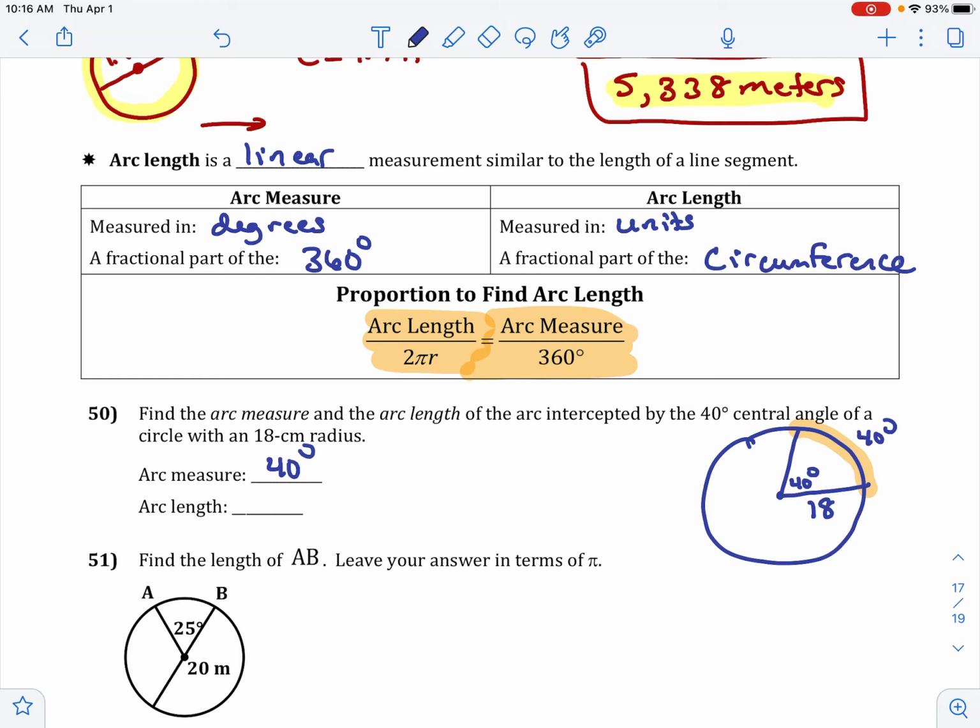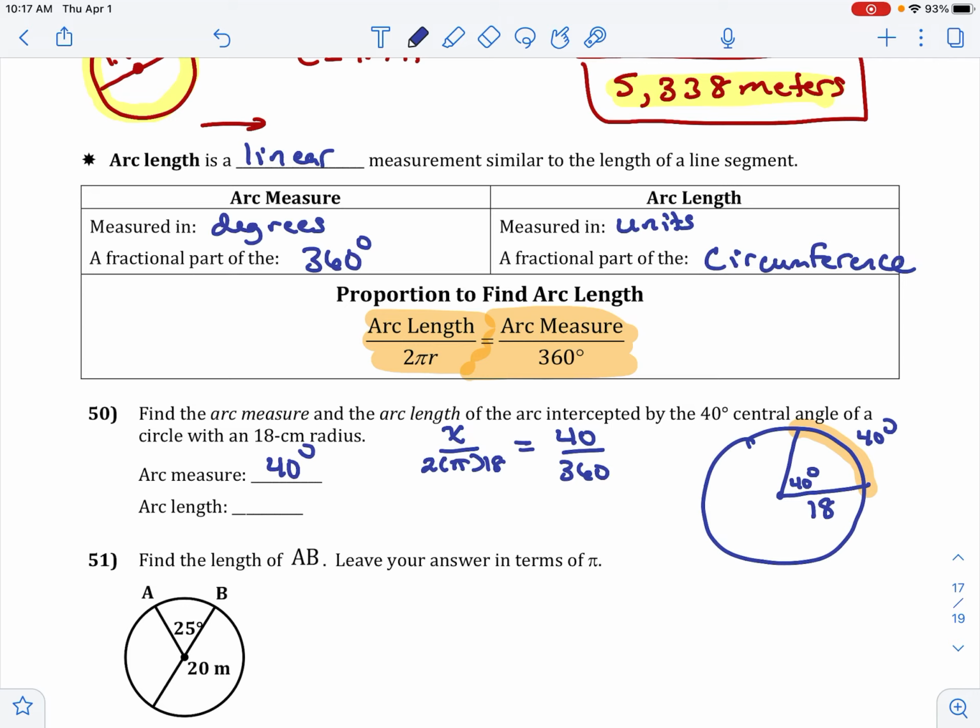So we can find the length of the arc using this proportion. Arc length we don't know, so I'm going to let that be x, out of 2 pi r, so 2 times pi times 18, that's 36 pi if you'd prefer. And arc measure is 40 out of 360.